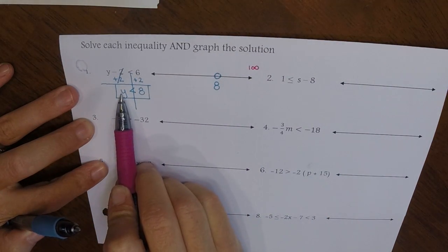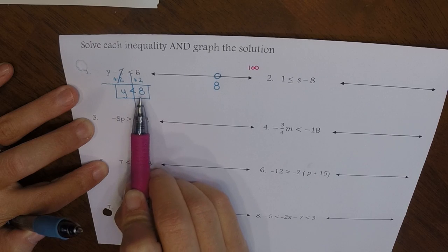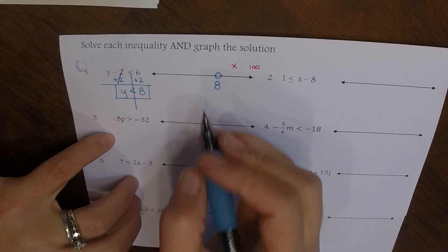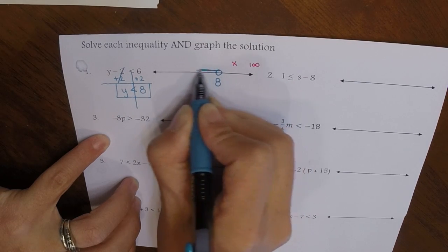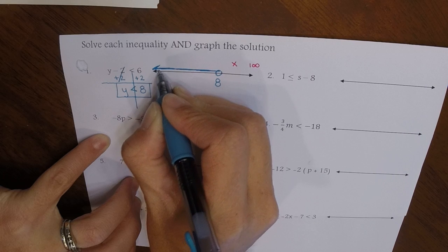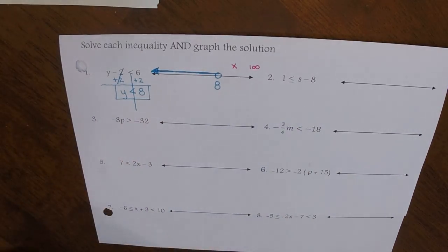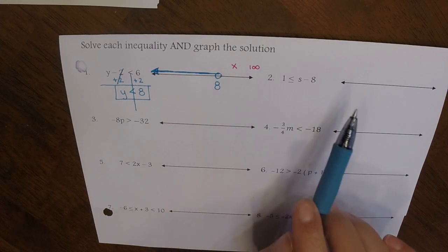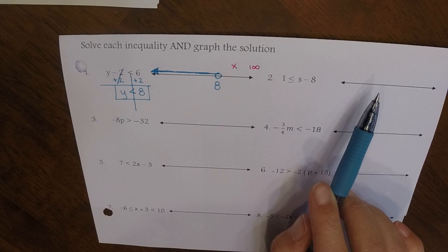So is 100 less than 8? No. So that means I'm going to go the opposite direction, so I'm going to shade this way. Good. So then I'm going to leave number 2 for you. Use this one as your example and see if you can solve that one and then graph.